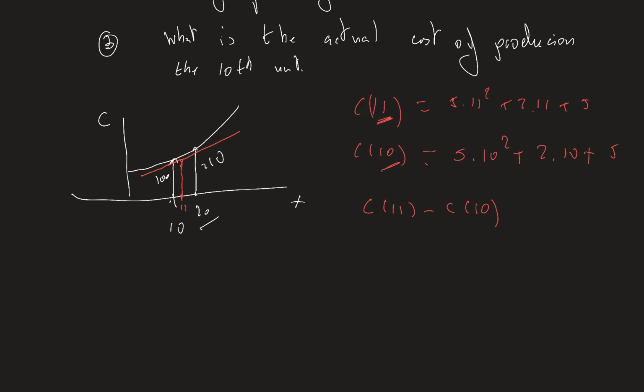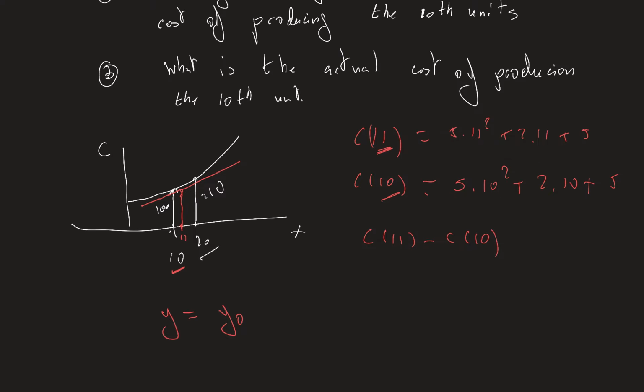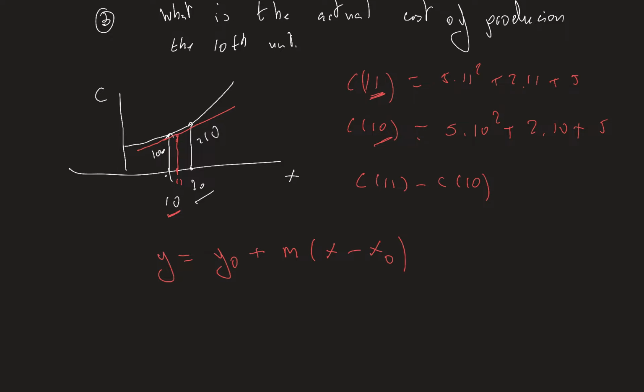But in the marginal cost, we imagine that there is the tangent line here. So we ask, if we follow the tangent line, what is the tangent line? The tangent line, you know, is y equals y0, where y0 will be 100, plus the slope multiplied by x minus x0. x0 will be 10.